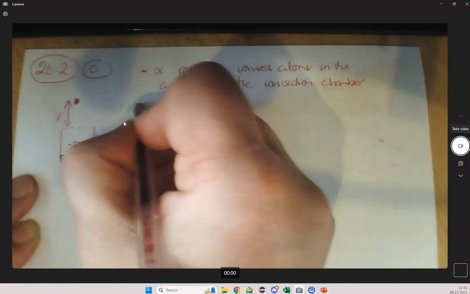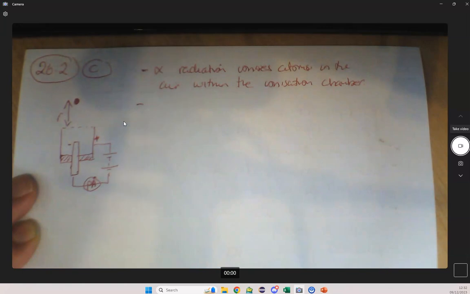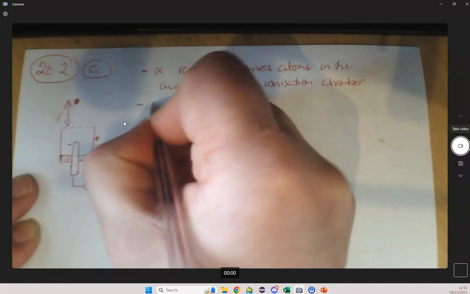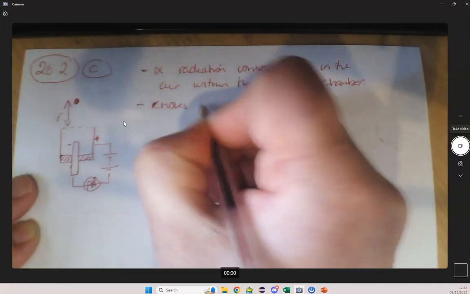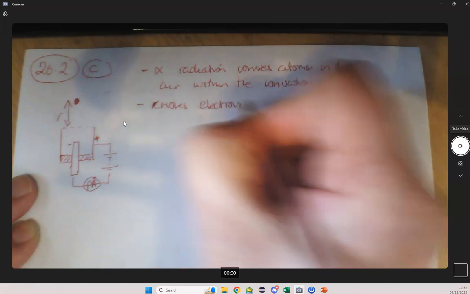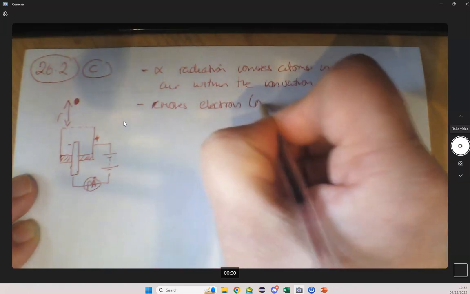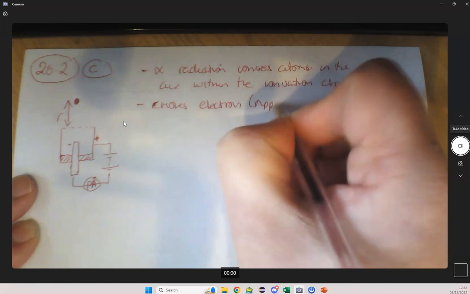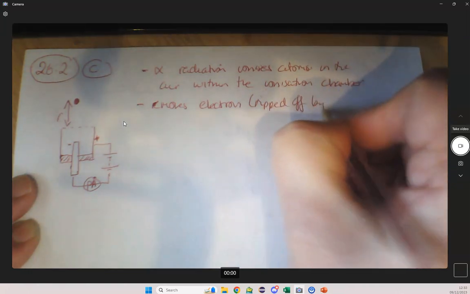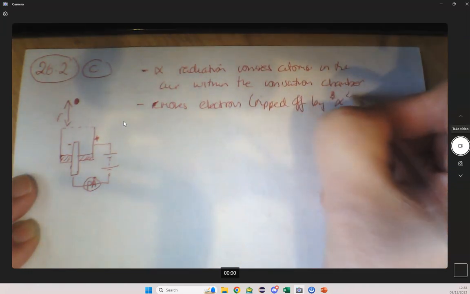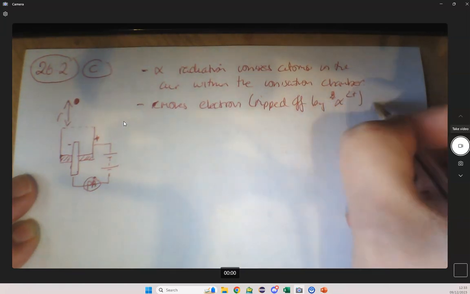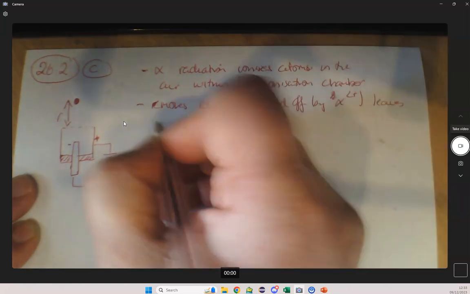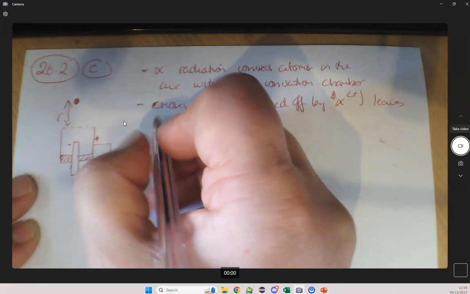Okay, so when an alpha particle actually ionizes something, it removes electrons, they're actually sort of ripped off by the 2+ charge alpha, and that leaves behind positive ions.